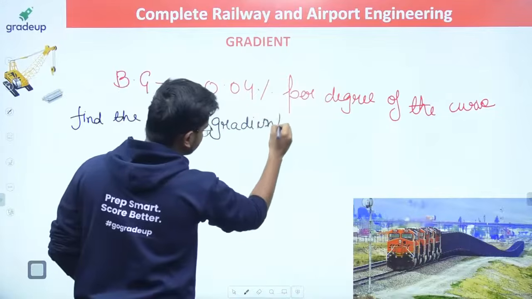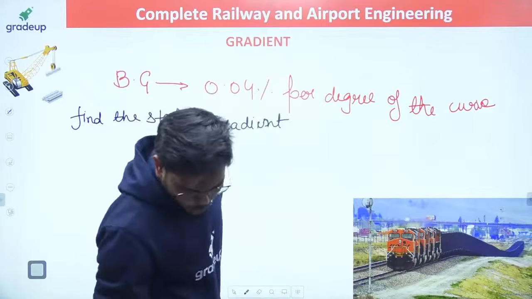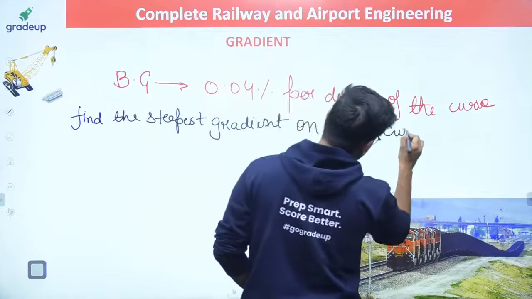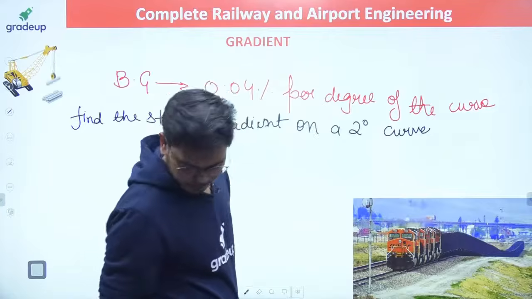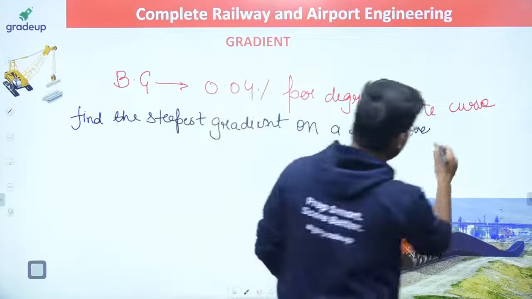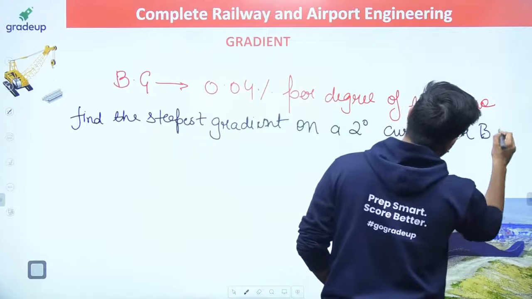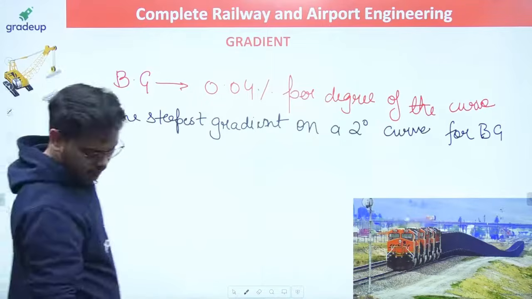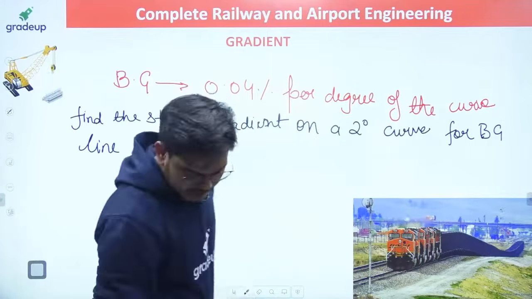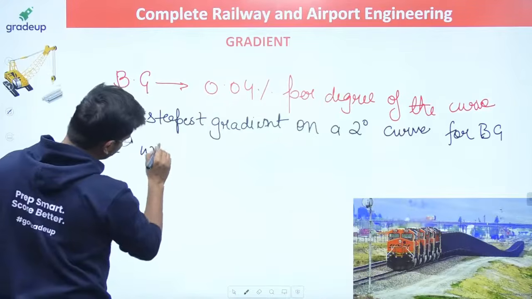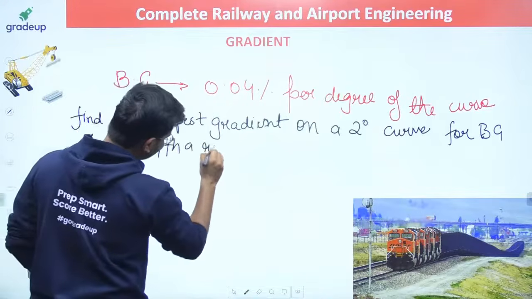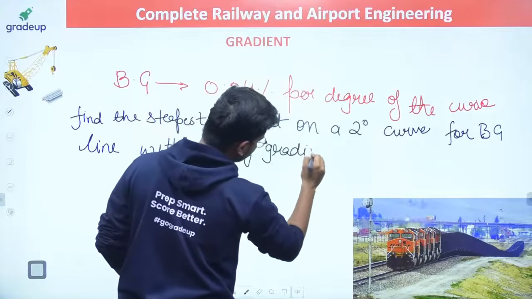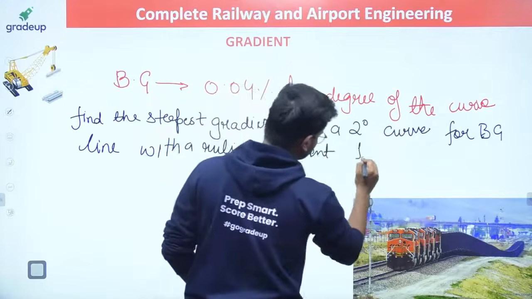Steepest gradient on a 2-degree curve, for a broad gauge line, for a BG line with a ruling gradient of 1 in 200. Everybody answer.